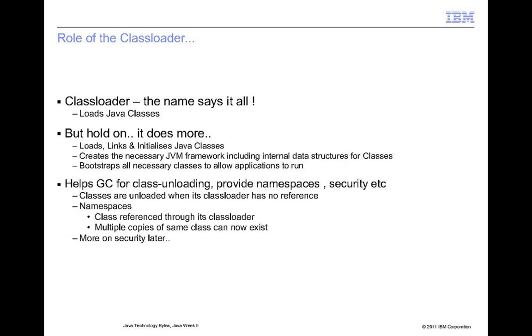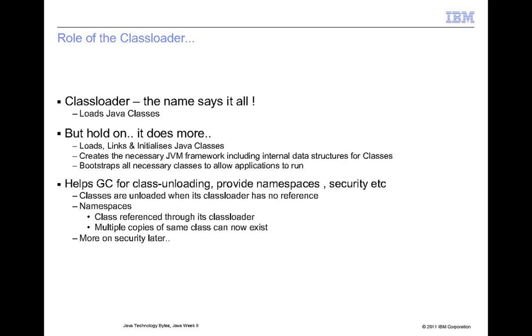What your class loader also does is help the garbage collector in the process of class unloading. Now, when your class loader object is out of scope, your garbage collector will then clear the class loader and all the classes that have been loaded through this class loader. So that is why I said your JVM will always have access to a class through its class loader.